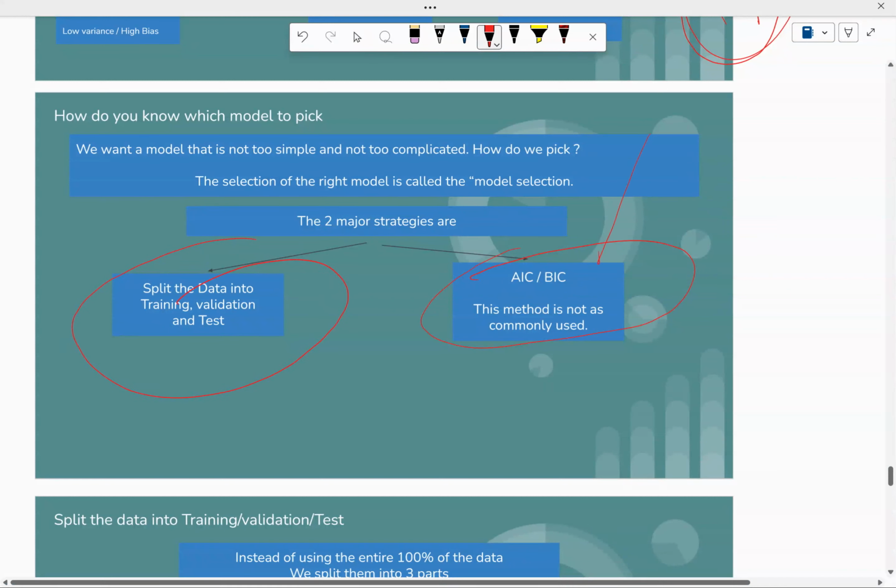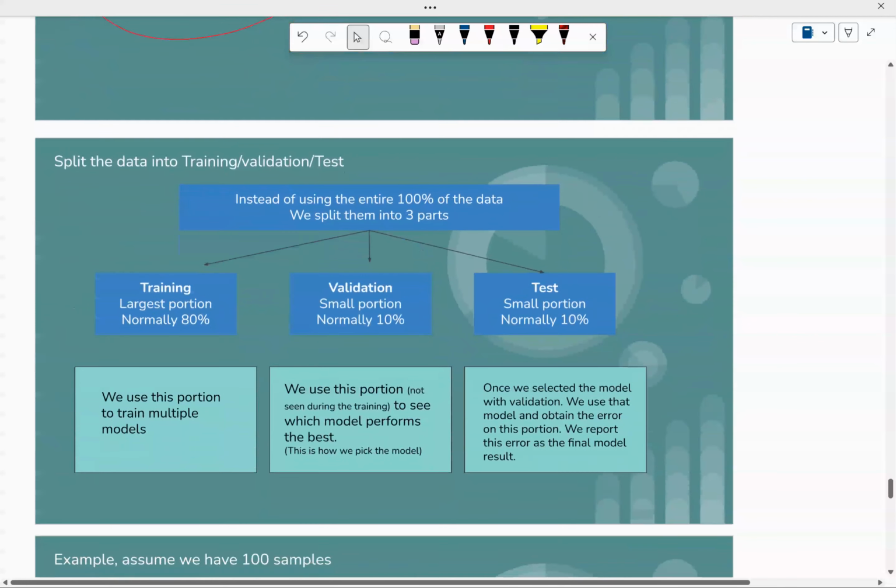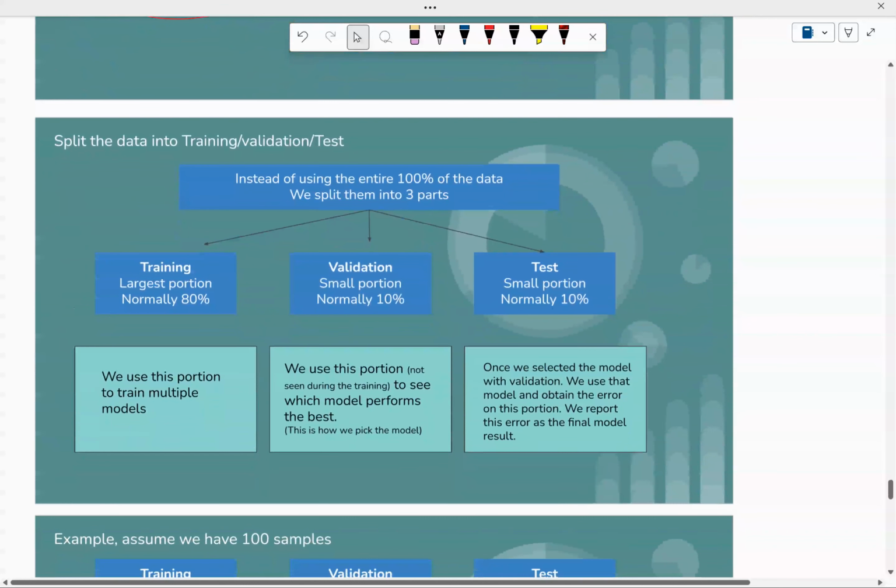So we're not going to go over the first; let's go over the one that we use more commonly today. The way we achieve this is, let's say we have 100% of the data. What we do first is split the data into three parts: training, validation, and test. Now, training is the largest portion. It tends to be 80%, but it could be 70.